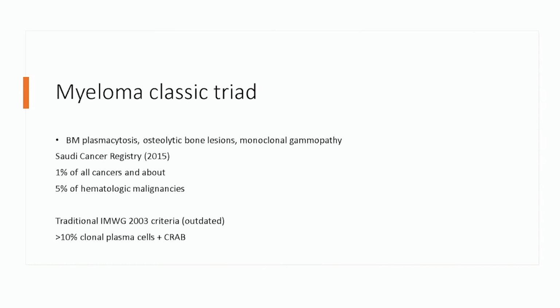So the traditional way of diagnosing multiple myeloma, as we all know, has two parts, a laboratory finding and some clinical findings. So the lab part, we need to provide evidence of clonal plasma cells, more than 10% in the bone marrow, and the clinical part, or the clinical findings, usually shortened in a mnemonic called CRAB, the famous CRAB criteria.